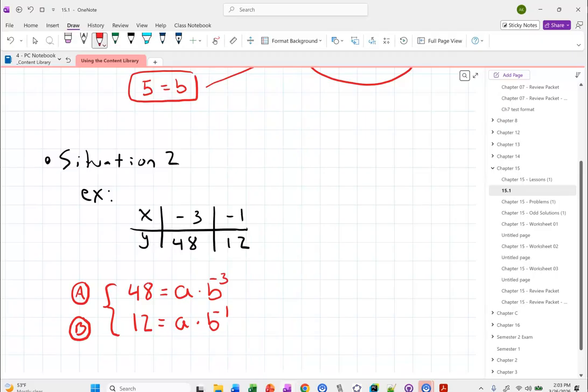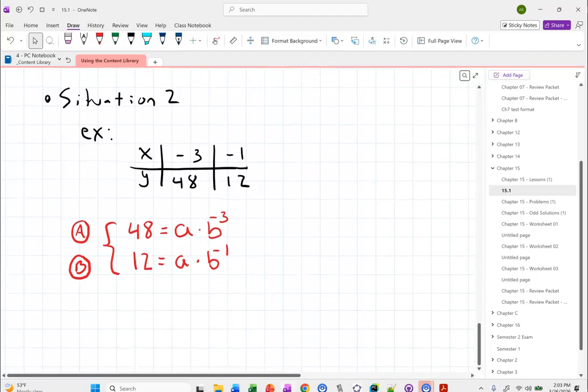Multiplication and division. Okay? So what I'm going to do is pick the equation that has the bigger exponent of b. Which one is that, equation A or B? B, right? -1 is bigger than -3. And I'm going to divide it by the other equation.